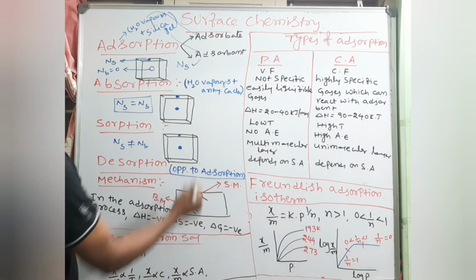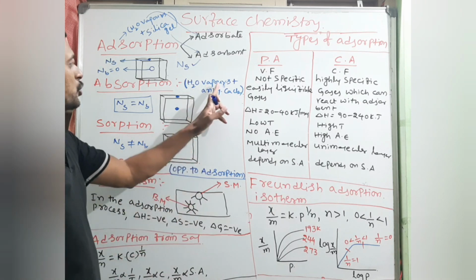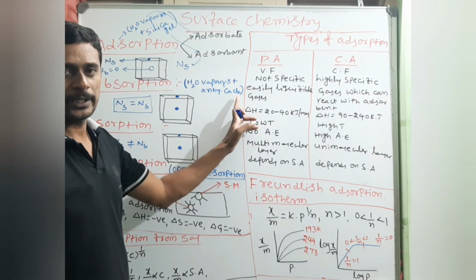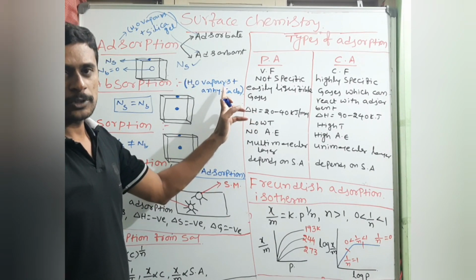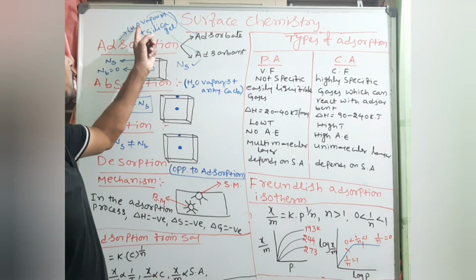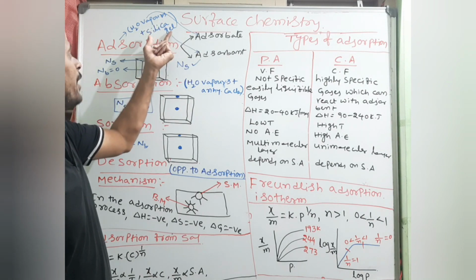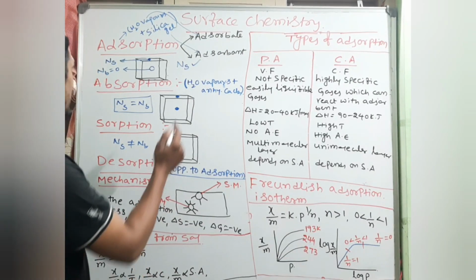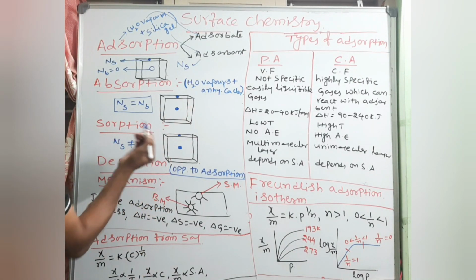Understand? For example, H2O vapors absorbed by anhydrous calcium chloride, so here absorption takes place. Same concept with H2O vapors, but here the material taken is silica gel. Clear?